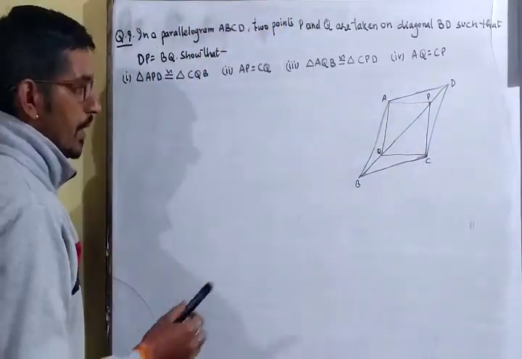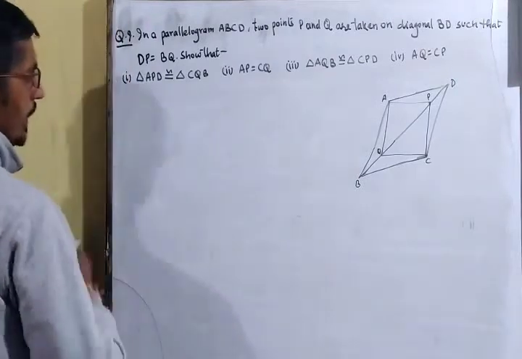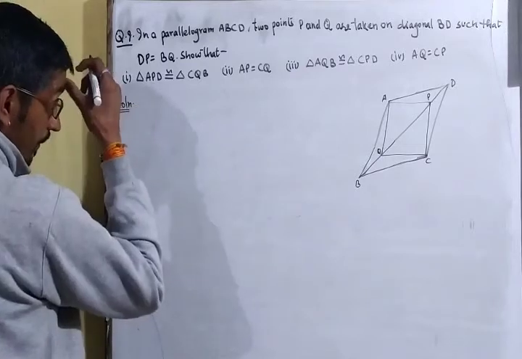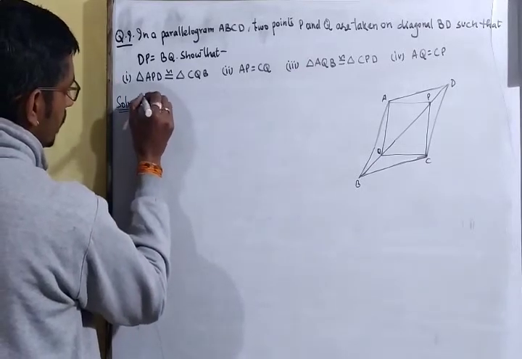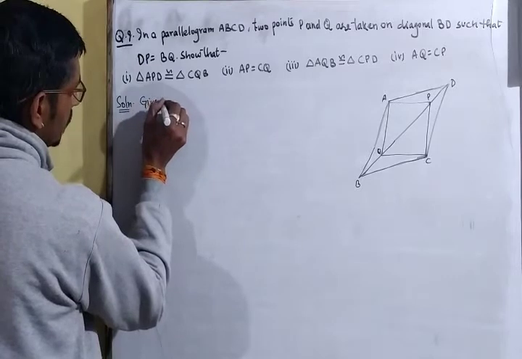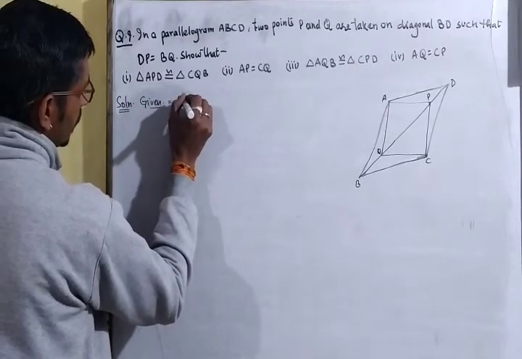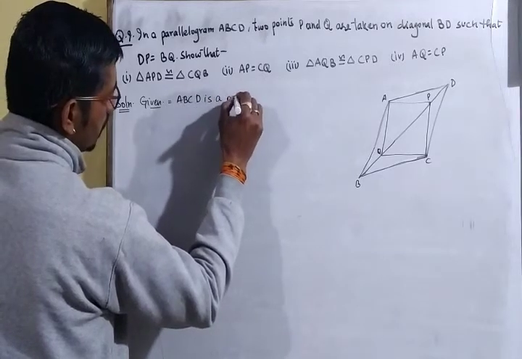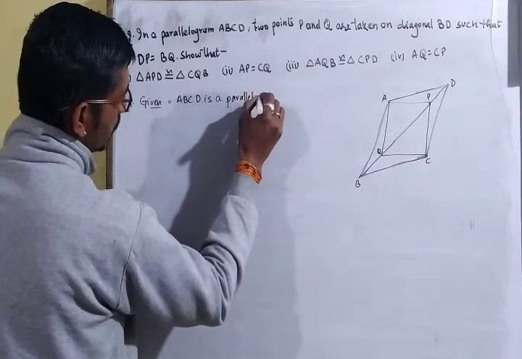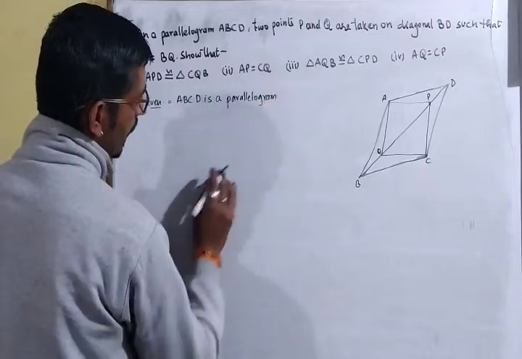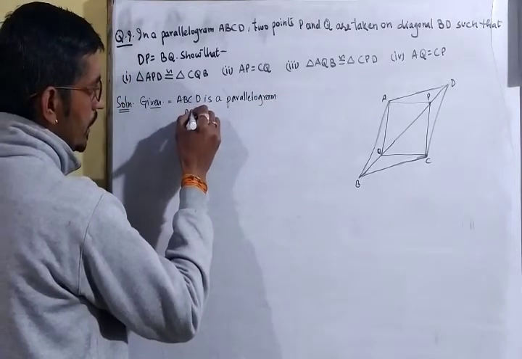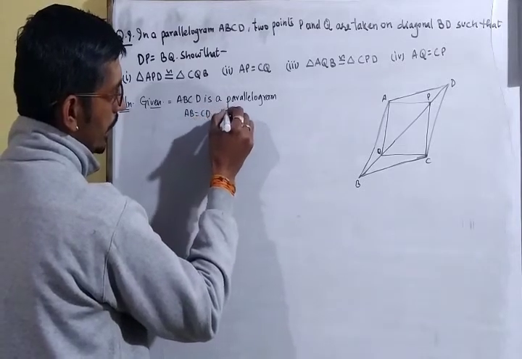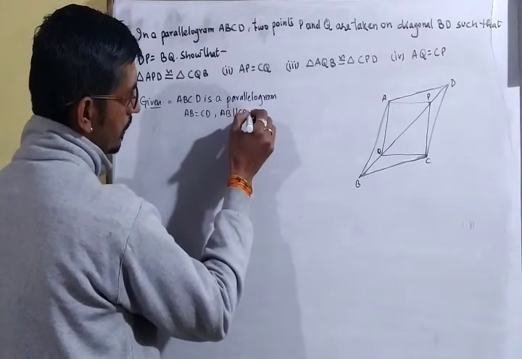Now first we have to prove the first one. Again, solution. You will write given ABCD is a parallelogram. If it is a parallelogram, then AB is equal to CD and AB is parallel to CD.